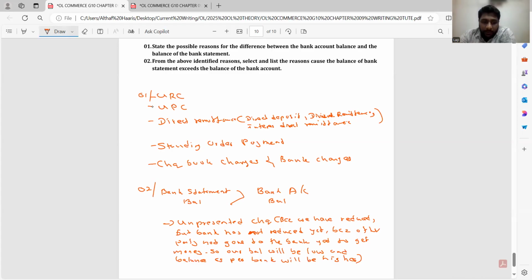We have reduced, but the bank has not reduced yet because the other party has not gone to the bank yet to get money. So our balance will be lower and the balance as per bank will be higher. That is one reason.